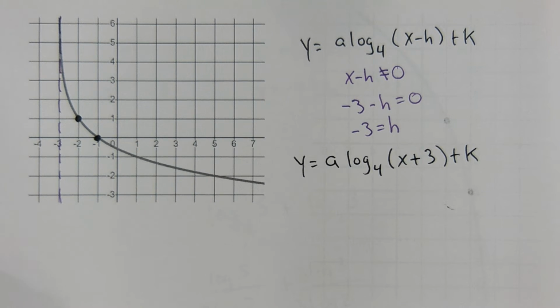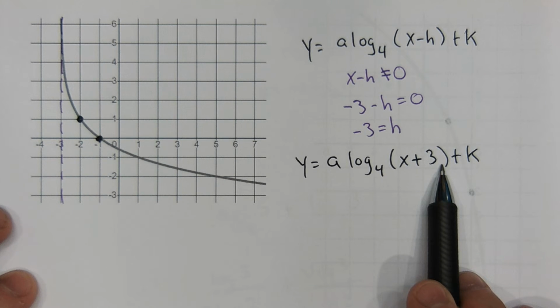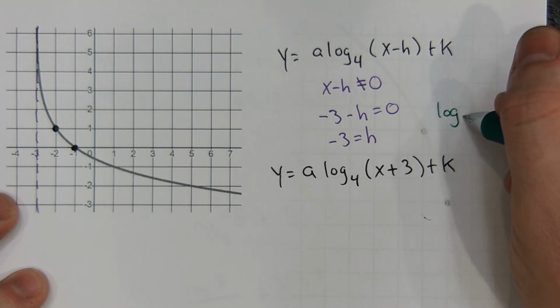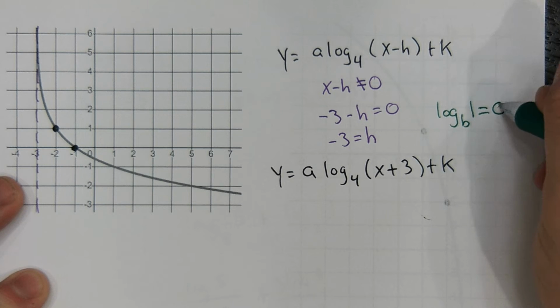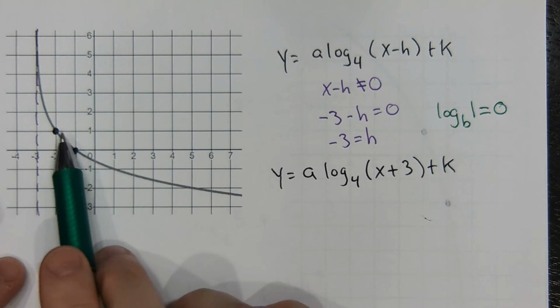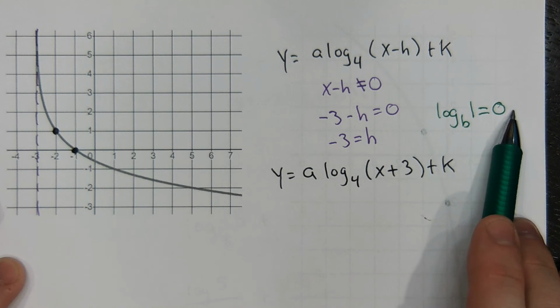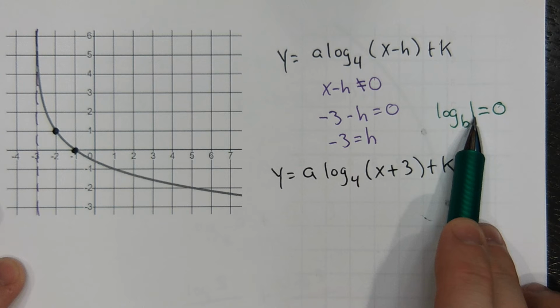Well, logarithms are only 0 when the argument is 1. Because our special log rule says log base b of 1, and nobody cares what the base is, always equals 0. This first point is always going to be the place where the logarithm has a value of 0, which means x plus 3 equals this argument of 1.